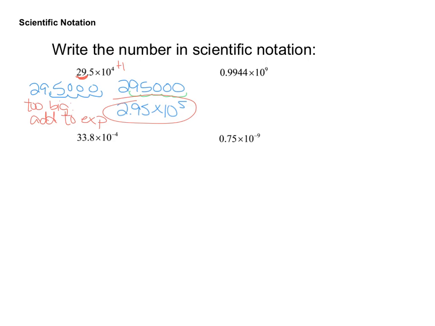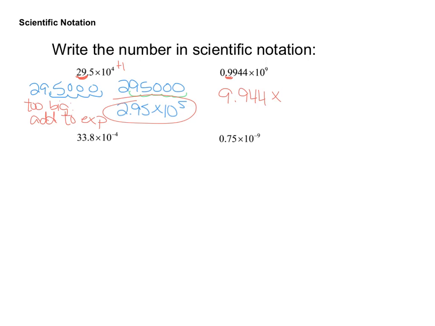Now, look at this next one. We could write it out in standard form, move it back in scientific notation. But if you notice, we really only have to move it 1 place, right? We need that decimal right there. What we really need is 9.944. Now, what's my new exponent going to be? Well, this was too small, right?